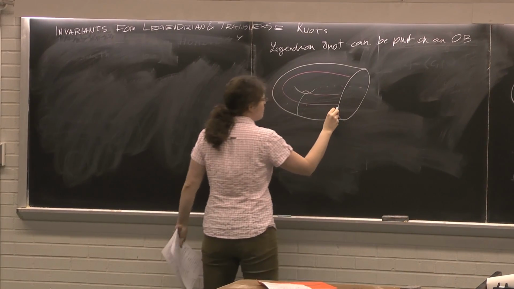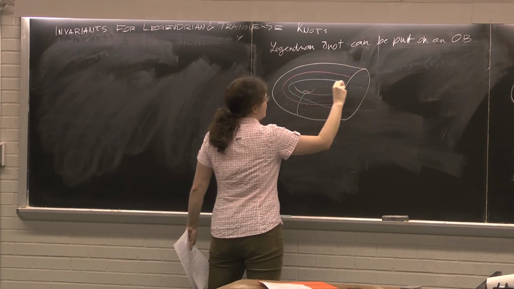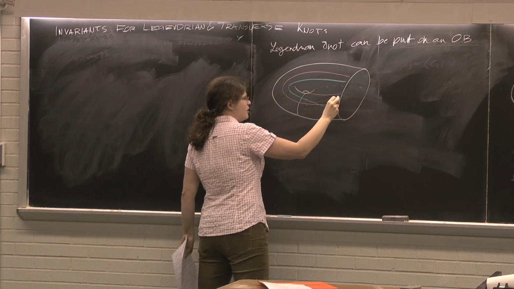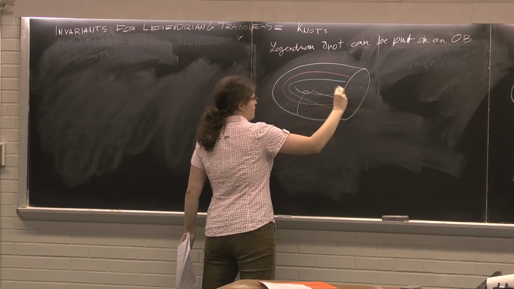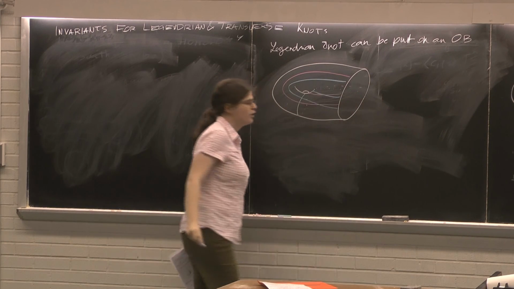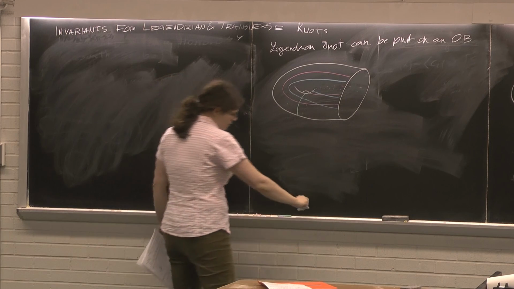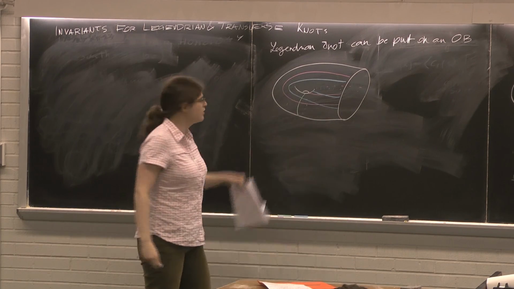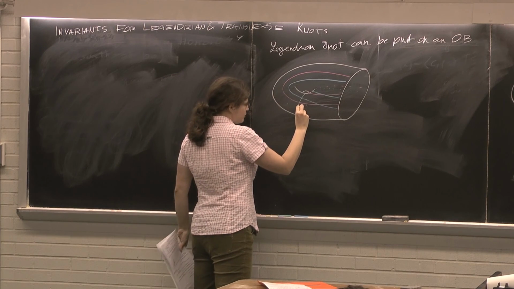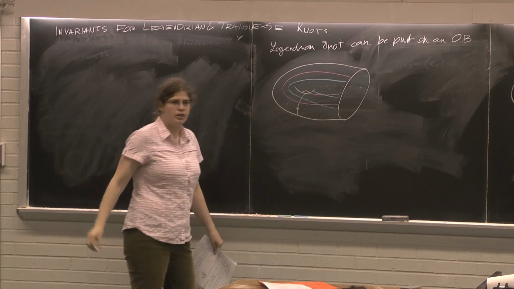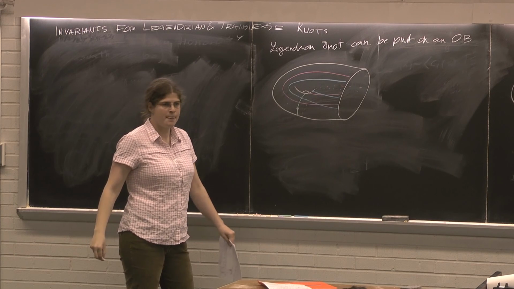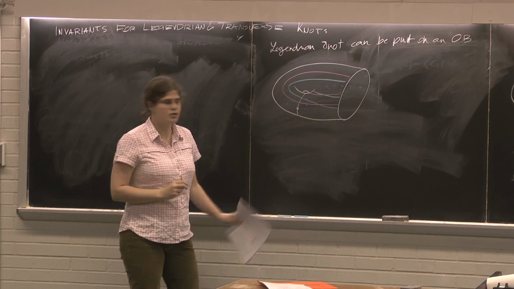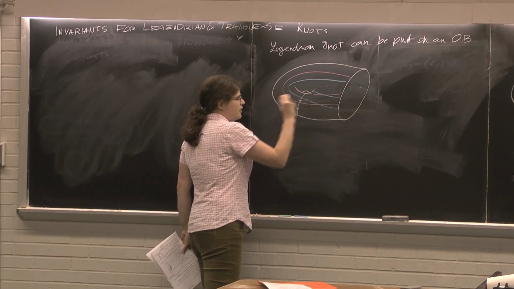If you remember, I'm just copying that picture, and I'm constantly lying about the orientations. I'm sorry for that. Then you remember one of the base points was sitting outside of everything in the disk, and I'm going to put the second base point, which describes the knot, here.